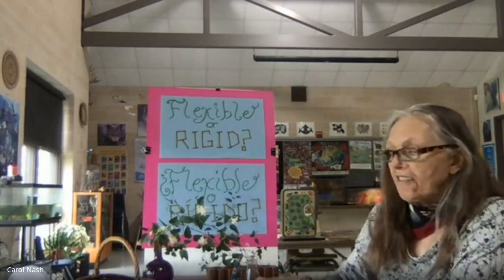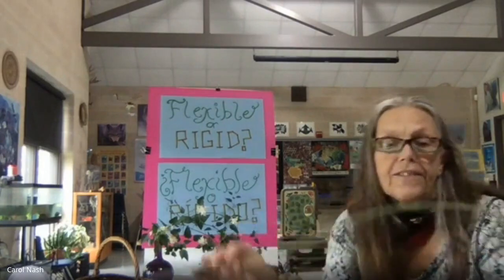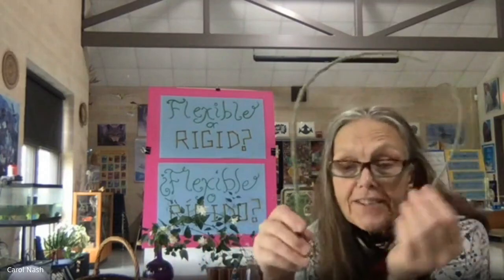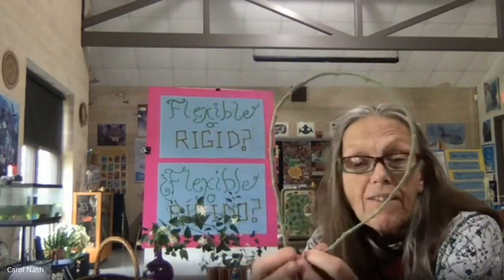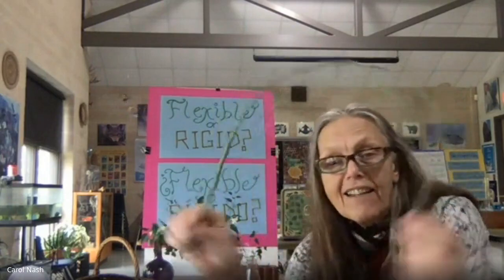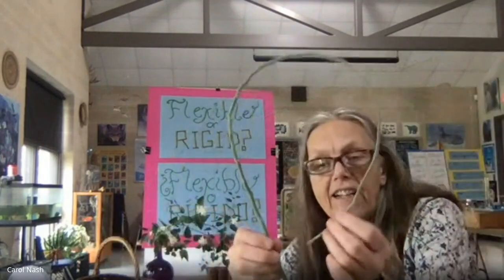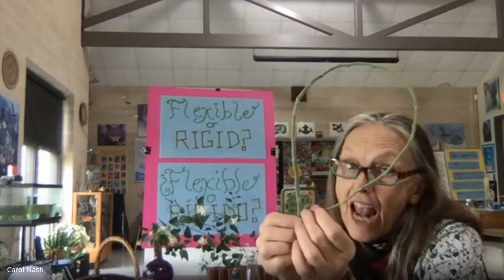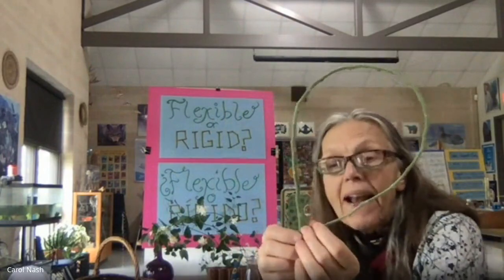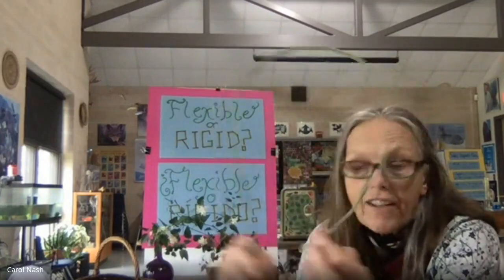Sometimes it's the thickness of natural objects. A lot of natural objects are very flexible. So sometimes again, it's a matter of the thickness. So this little thin stick is very flexible, and also it's green. So it was alive a little while ago, and it's very flexible.